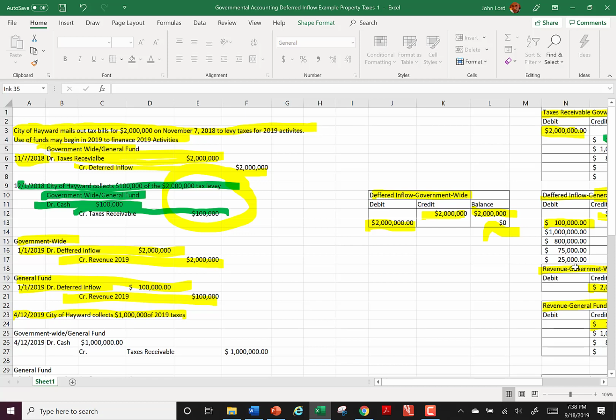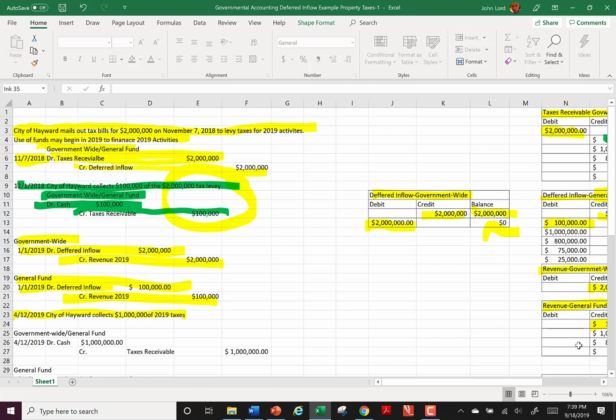Okay, good. Now, you come over, and for all practical purposes, for modified accrual, since we don't know if we're going to collect the money within the 60 days, we won't take any revenue until we actually collect. We're going to wait for the collection to take revenue under modified accrual, since we have to see if any falls outside of the 60 days here. So have we collected any money?